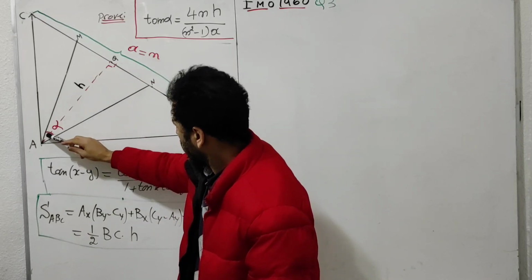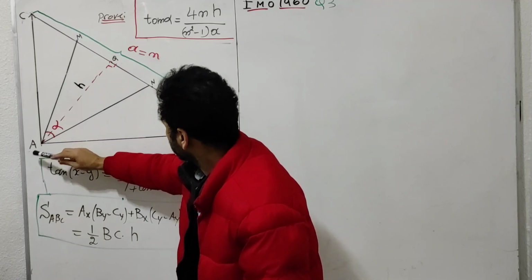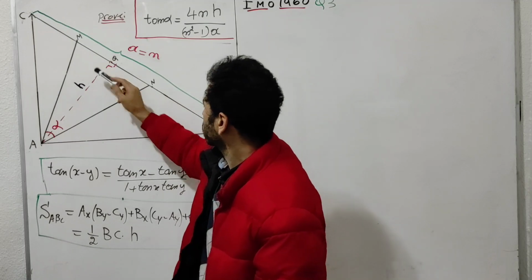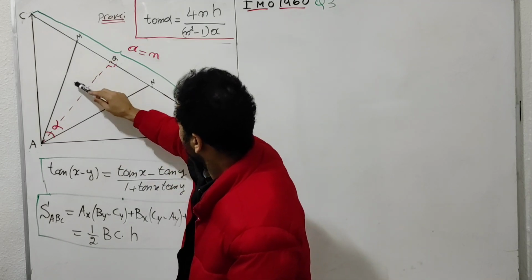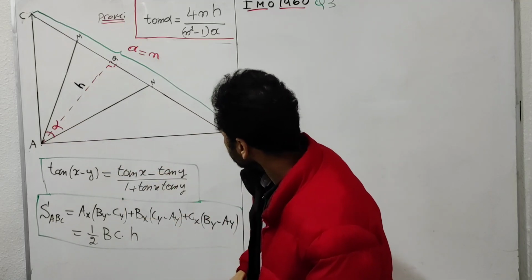Let alpha be the acute angle subtending from the point A to the segment BC, which contains n parts. There is an altitude h, the height of this triangle.